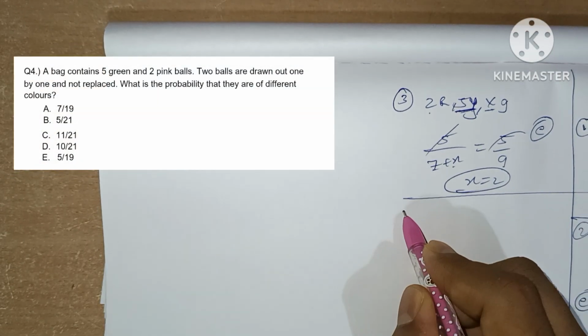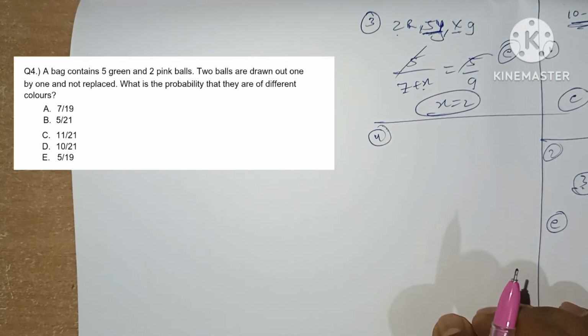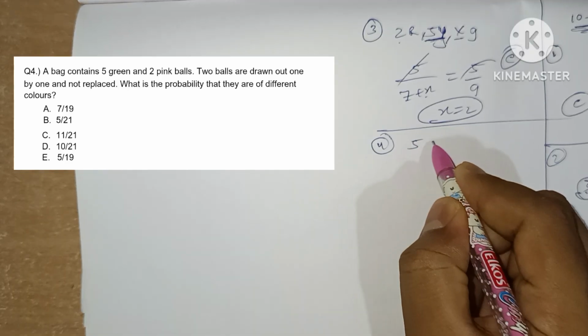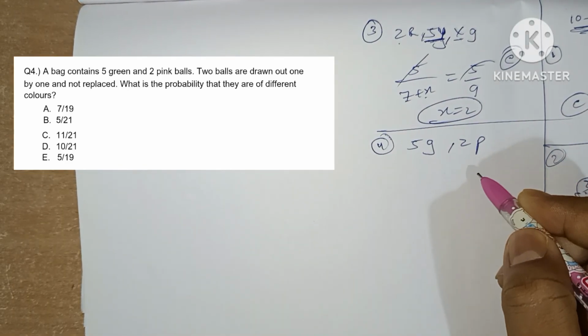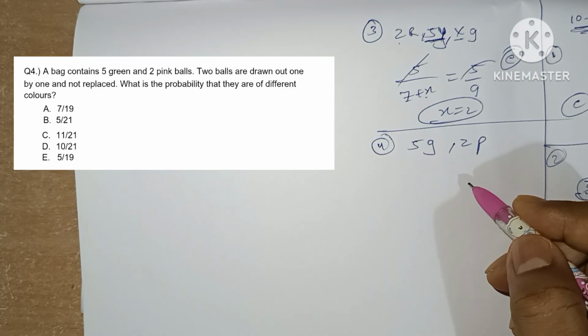Next, the fourth question. A bag contains 5 green balls and 2 pink balls. 2 balls are drawn out one by one and not replaced. Here we need to remember: not replaced.